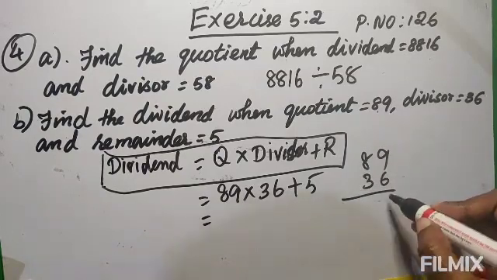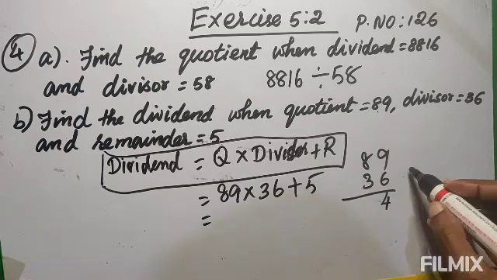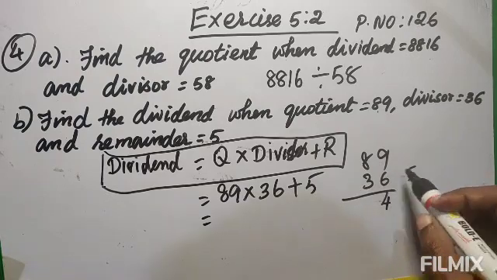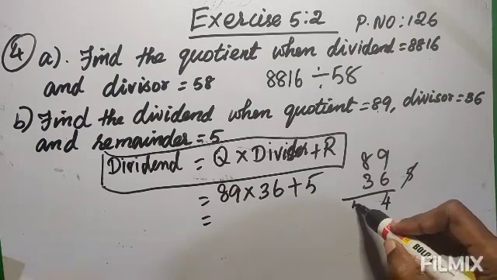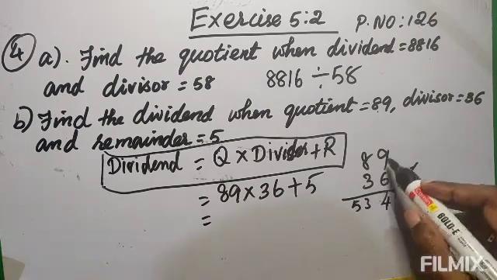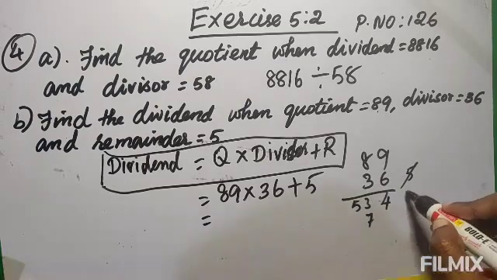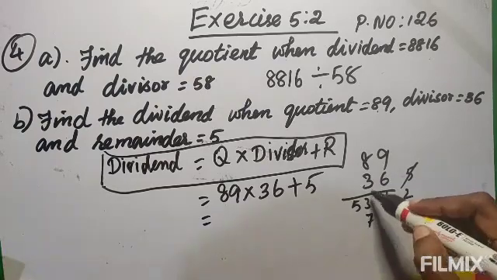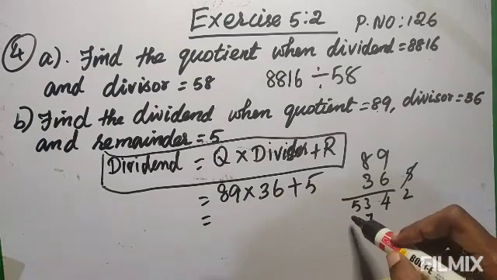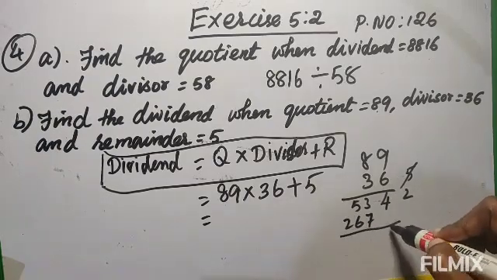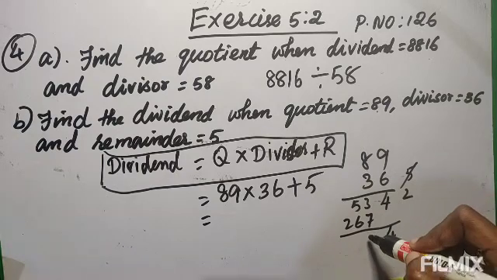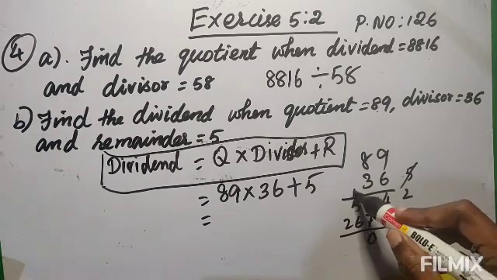9 6s are 54. So 5 is a remainder. 6 8s are 48. 48 plus 5, 53. Now 3 9s are 27. So 2 remainder. 3 8s are 24. 24 plus 2, 26. So now we will add 3 plus 7, 10. 1.